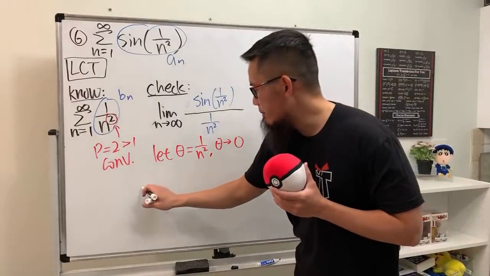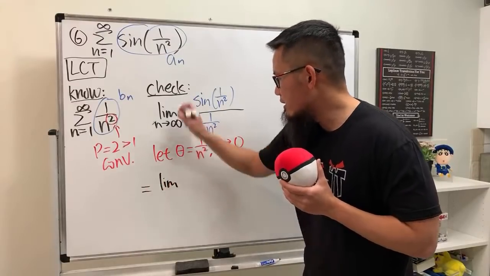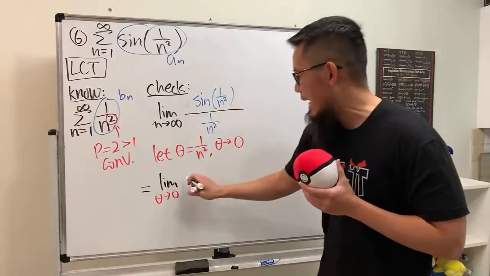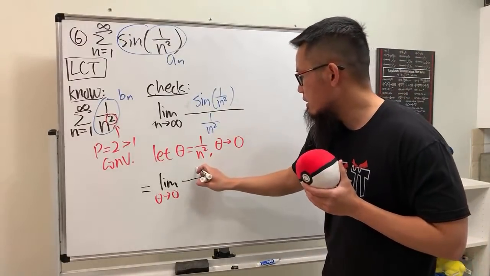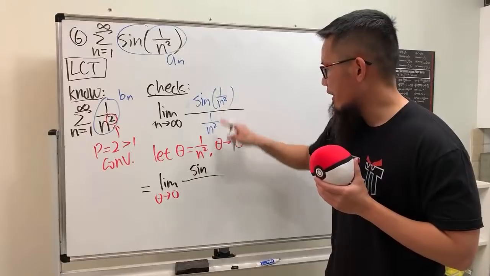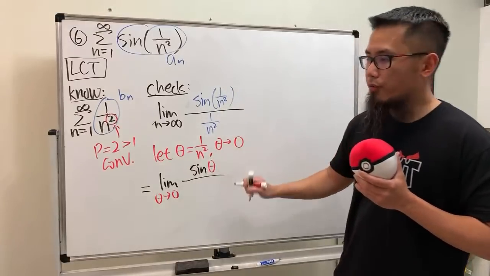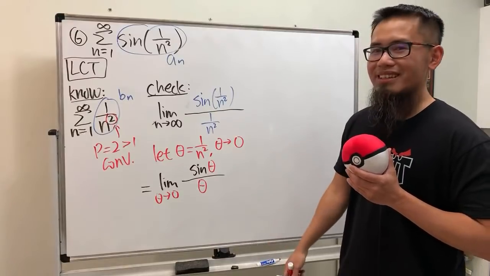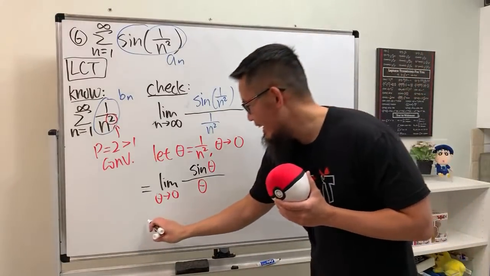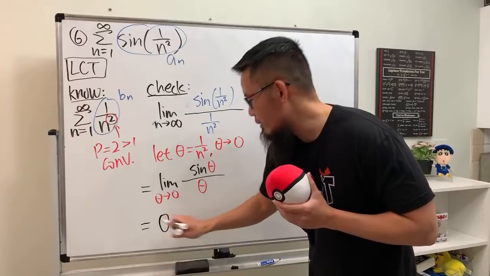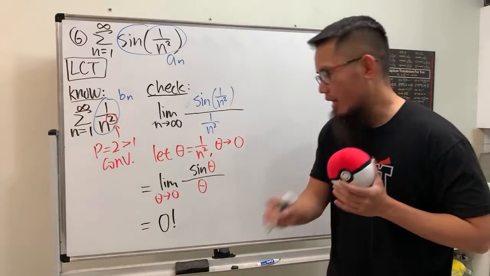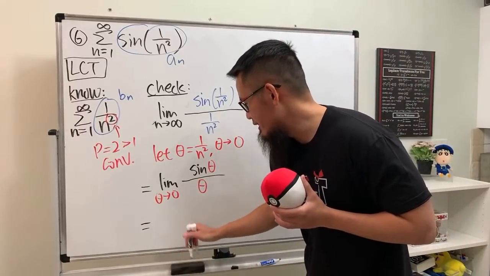So if you take this limit to the theta world, this is the limit as theta goes to 0 of sine of theta over theta, because the bottom is also theta. And this right here is the famous limit, and the answer for that is equal to, I'm sorry, it's just equal to 1.